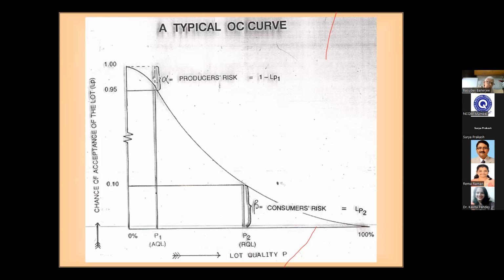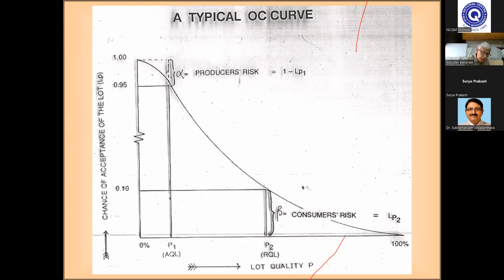Up to P0 and AQL are all good lots. This is the chance of rejection of a good lot. The maximum chance of rejection of a good lot is the producer's risk, 1 minus LP1, that is 5%. Therefore the chance of acceptance is 95%.